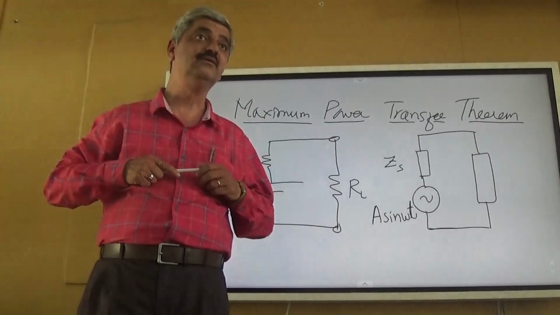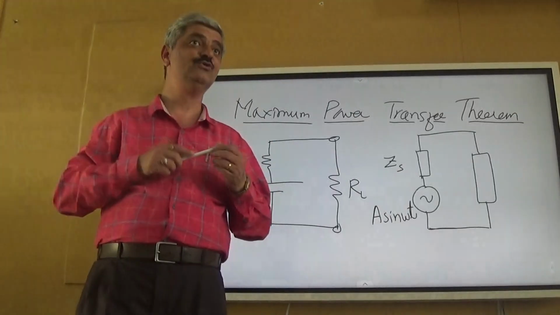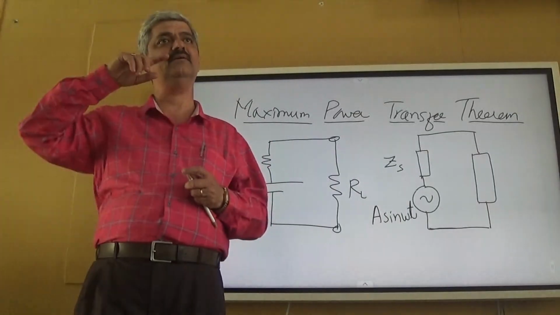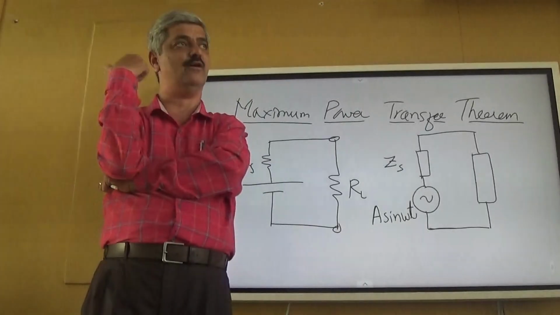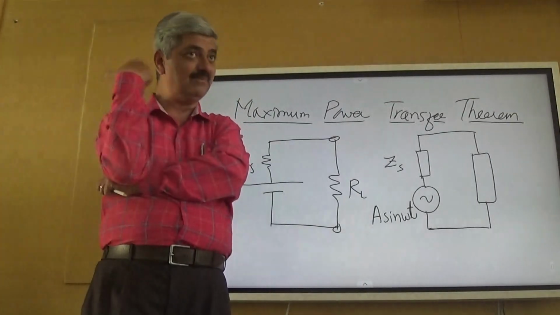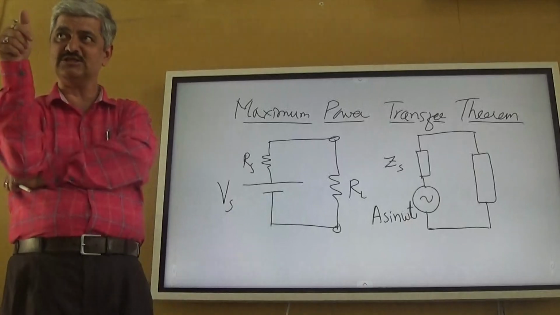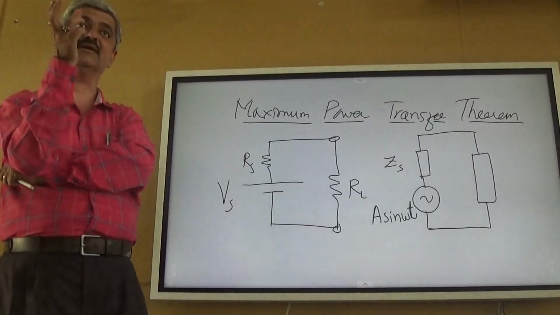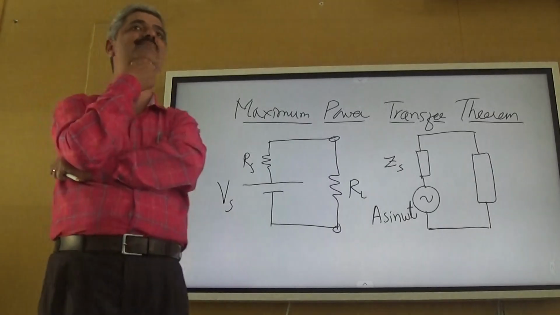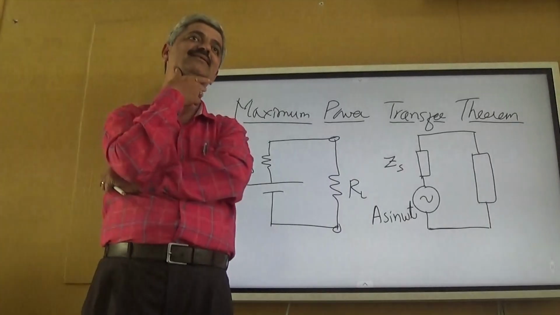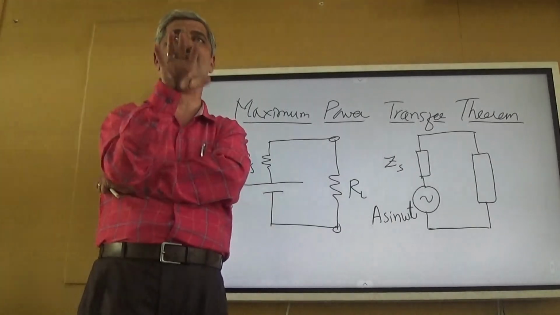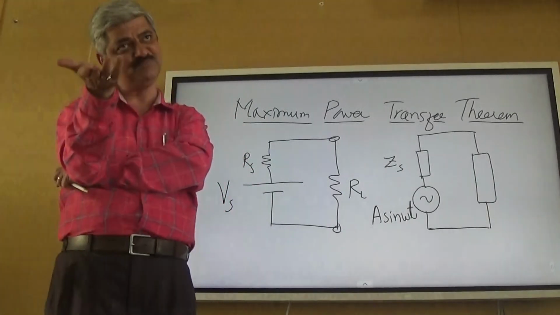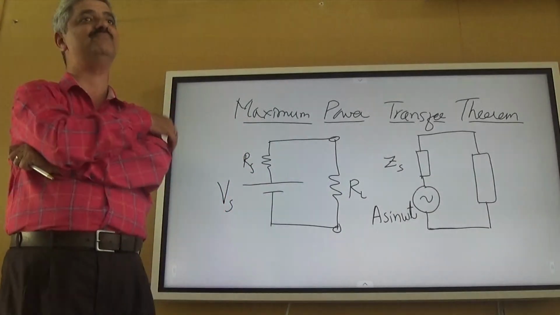Inductive load. How many of you who have come from the farming sector know that across the motor a capacitor is required to be put for correcting the power factor, and farmers normally don't put that. Why? Because for a farmer, even if it is put or not put, it doesn't change any billing.